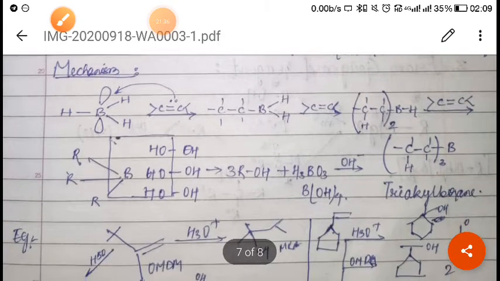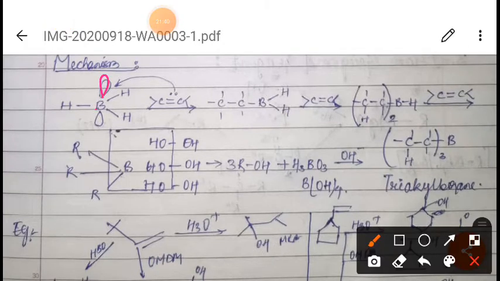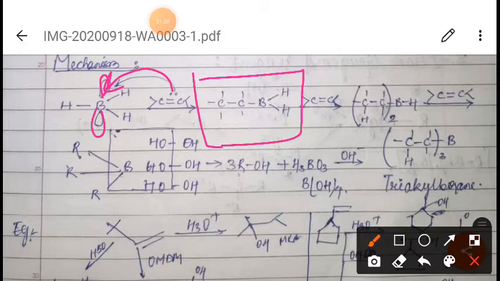Now the mechanism is very simple here, because there is a vacant p orbital, so what will happen? This alkene will attack this BH3, and after that it will form like this. Next, again one alkene attacks this, and it will form like this.